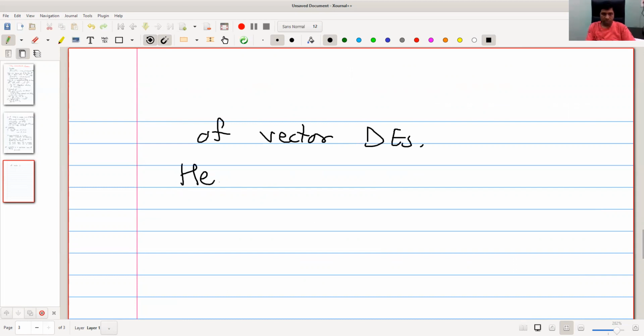Here X is a vector in R n, capital A is an n by n matrix, of course a real matrix, and X dot means element wise differentiation.